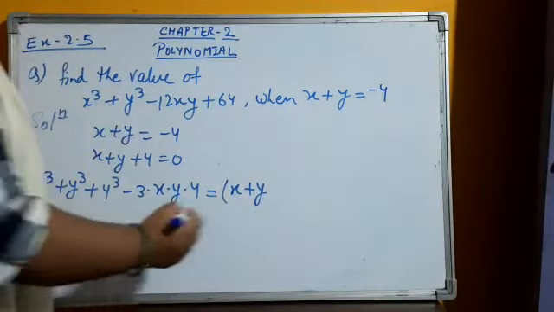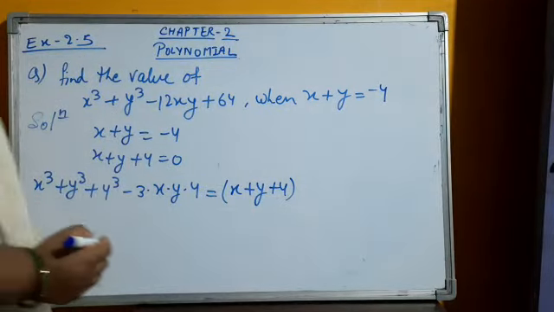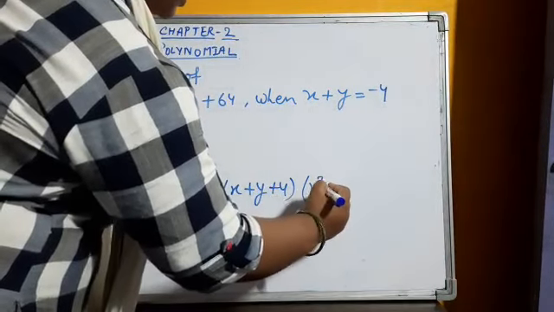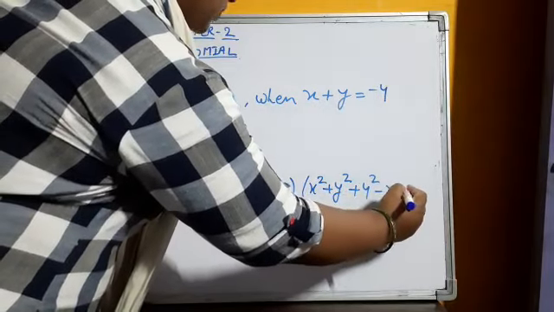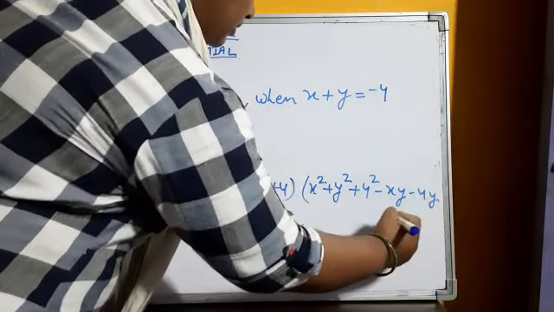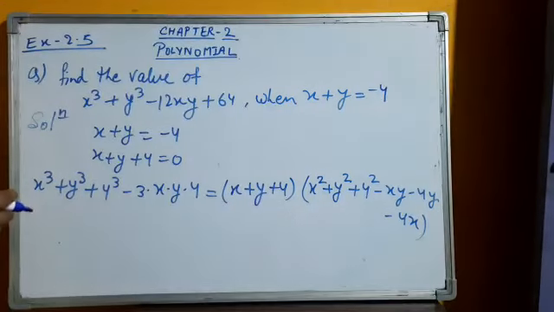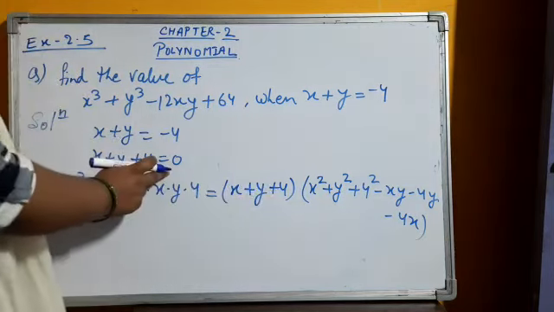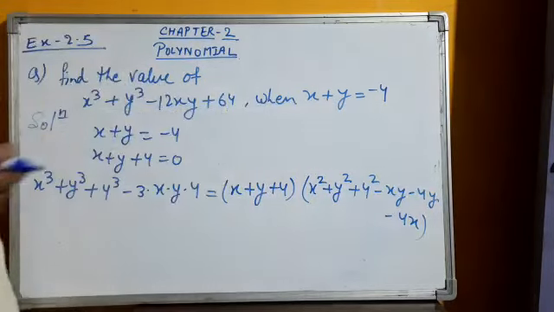At the place of z, 4 is taken, so x + y + 4, and here we have x² + y² + 4² − xy − 4y − 4x. This can be taken according to the formula of x³ + y³ + z³ − 3xyz, but this factor is 0. Just now we have seen, because it is given that x + y is equal to −4.